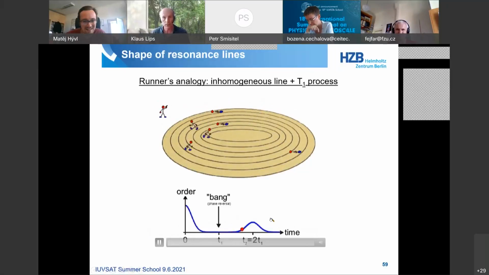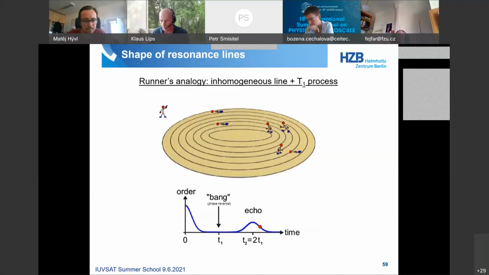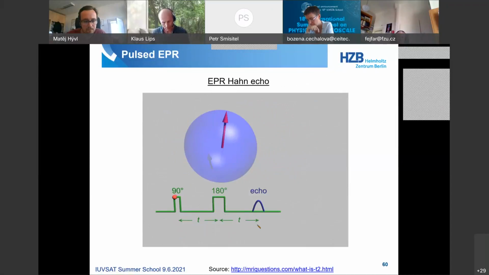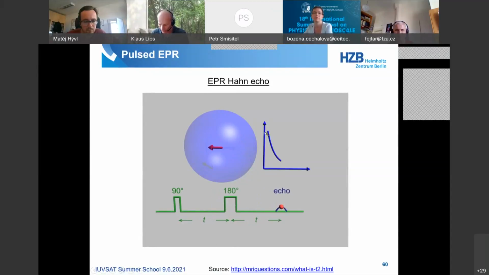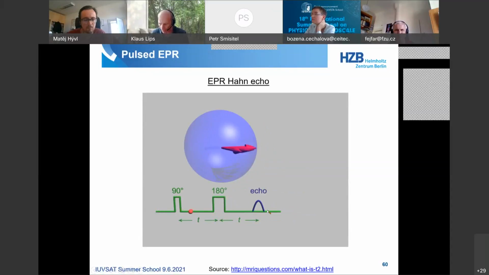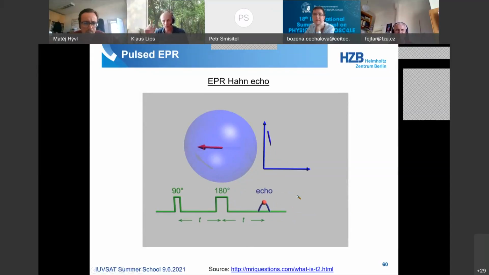You see, I love running. And again, we get a reduced echo at the end. And in magnetic resonance, you can use that to measure that echo intensity as a function of time. That's the so-called Hahn echo. Basically, by using different pulses, you can convert the echo and measure, by changing the pulse lengths between those pulses, the true T2 of your system, although you have disorder.